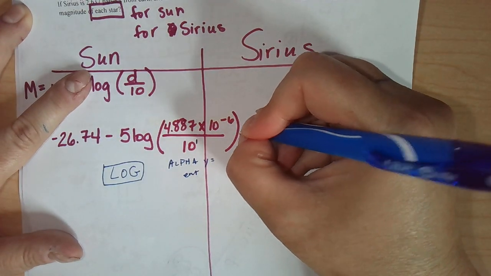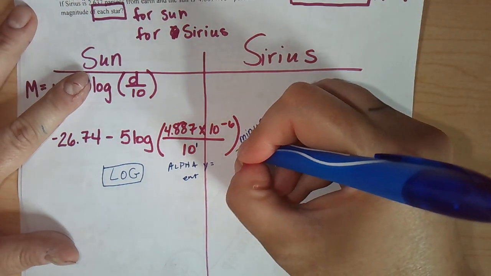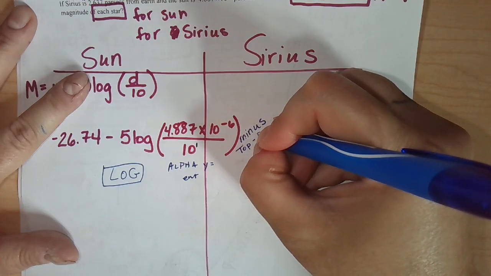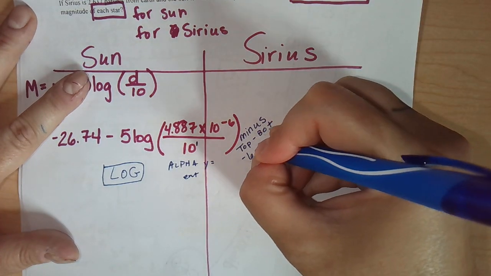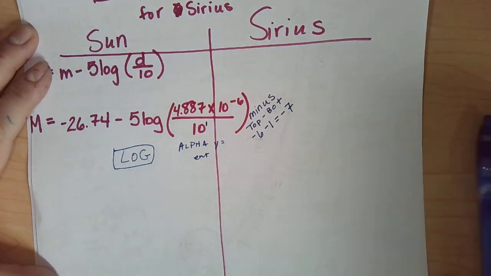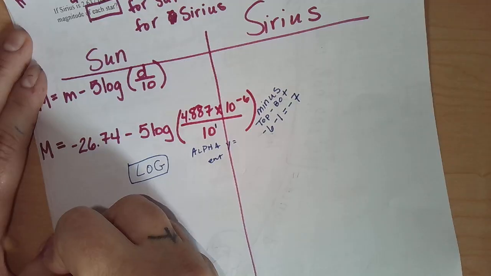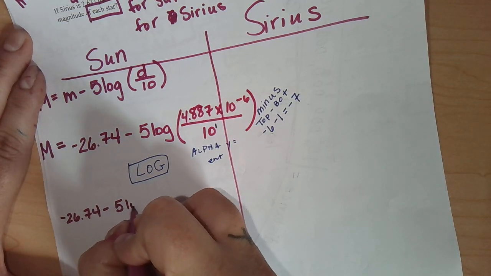We have to subtract the exponents, top minus the bottom. As in negative 6 minus 1 equals negative 7. So this becomes negative 26.74 minus 5 log.